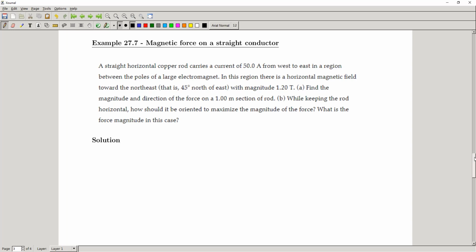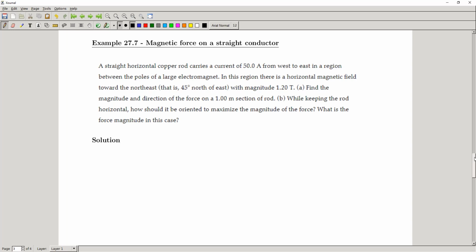We have a straight horizontal copper rod that carries a current of 50 amps from west to east. This is in a region between the poles of a large electromagnet. In the region, there's a horizontal magnetic field toward the northeast, so 45 degrees north of east, with a magnitude of 1.2 Tesla.